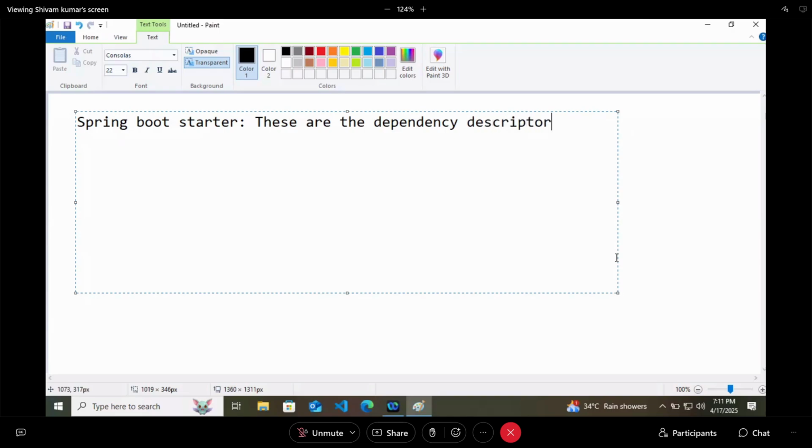They give a description of all the dependencies that are required. If you want to work with only a database using Spring, so spring-boot-starter-data, this is the starter.